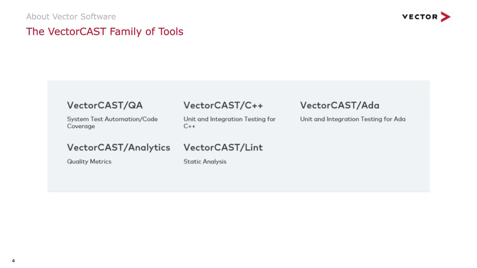We offer a system test product, which is our QA product, and with the system test product, we're able to automate your system tests, and make it so that it's easier for really anyone to run the tests. And we'll talk a little bit more about what that means. We have unit testing solutions for both C, C++, and for Ada. And in addition, we have an analytics dashboard, which is a web-based browser.